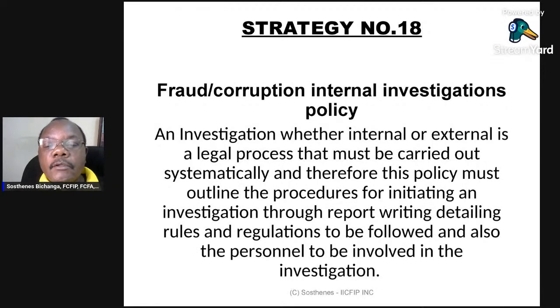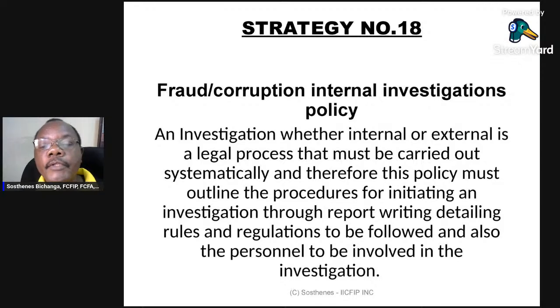In the absence of this policy, an organization carrying out an investigation might find itself exposed to a myriad of legal suits ranging from invasion of privacy to unlawful detention and dismissal.